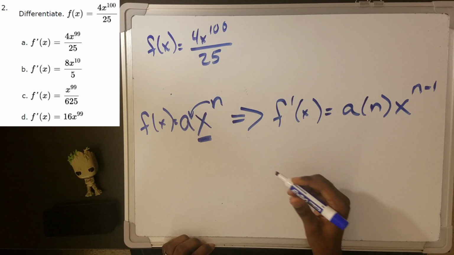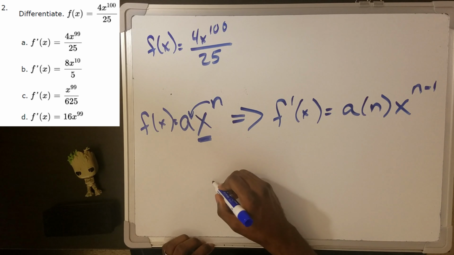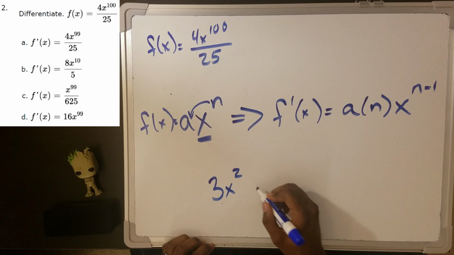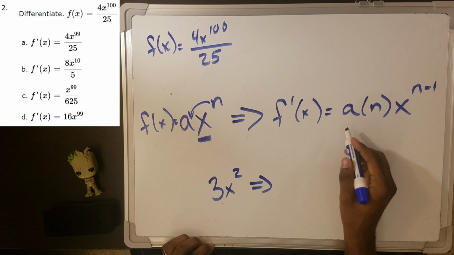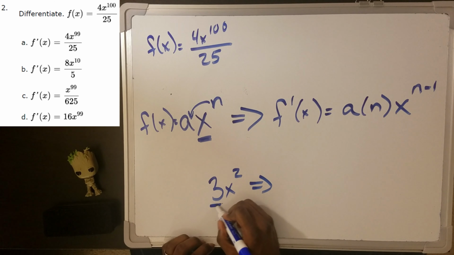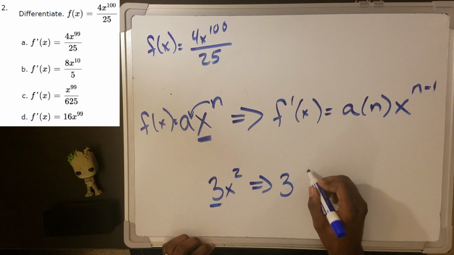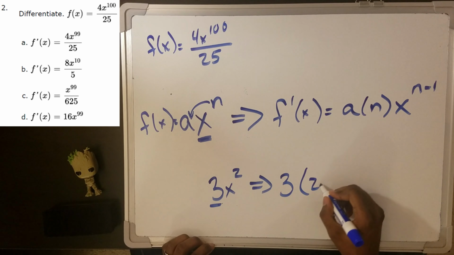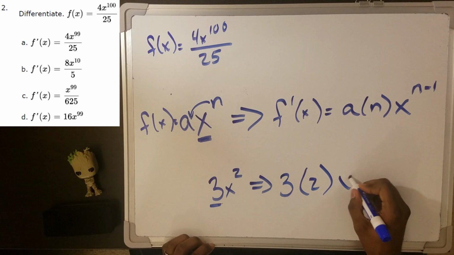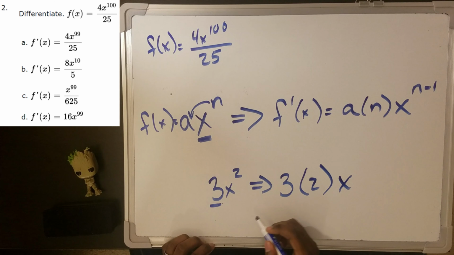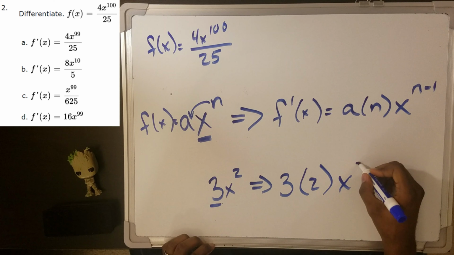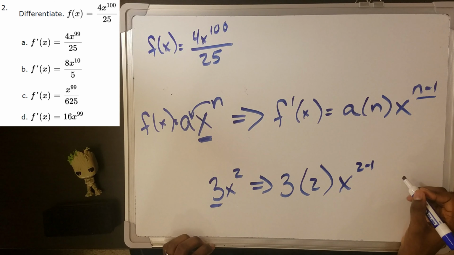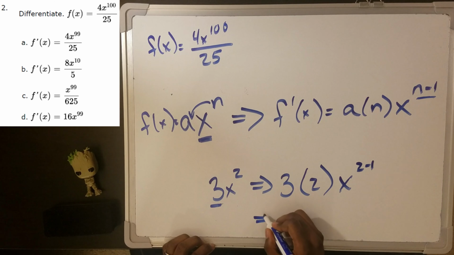If we want a random example, we can do 3x squared. To find the derivative, we keep our coefficient, multiply by whatever the exponent was, 2 in this case, keep our x, and subtract 1 from the exponent.